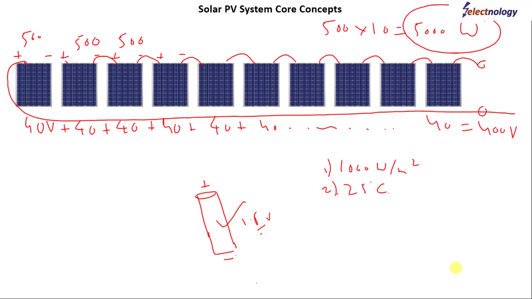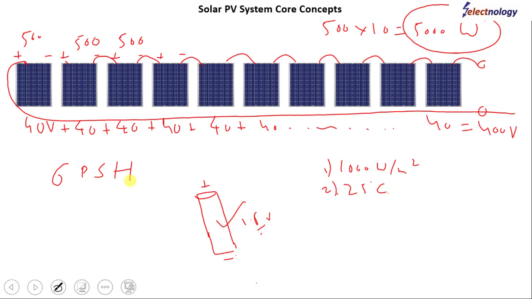Now, for a particular location where this combination of PV modules is installed, let's suppose the peak sun hours available to us are 6. If we repeat our lesson again, 6 peak sun hours means that 1000 watt per meter square is available exactly for 6 hours and not more than that.